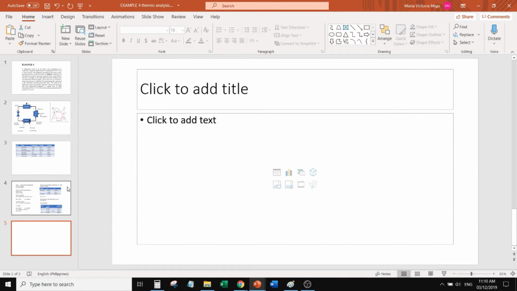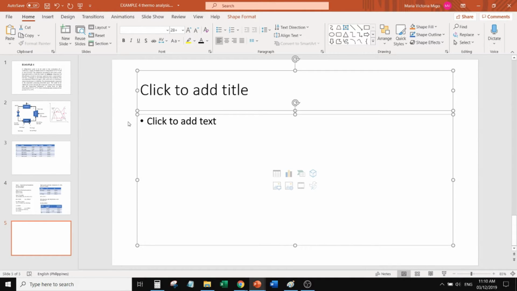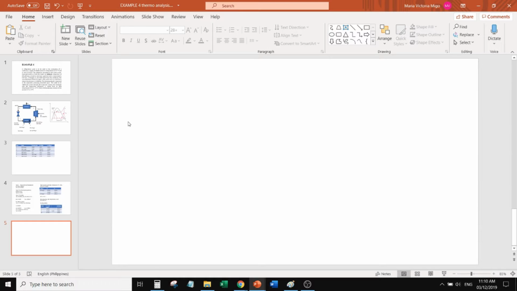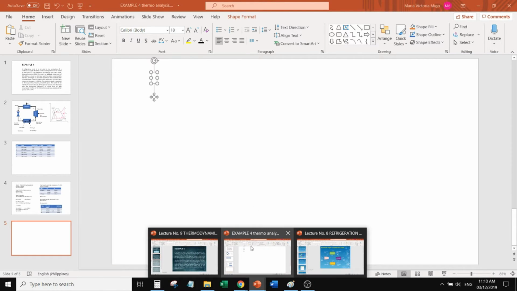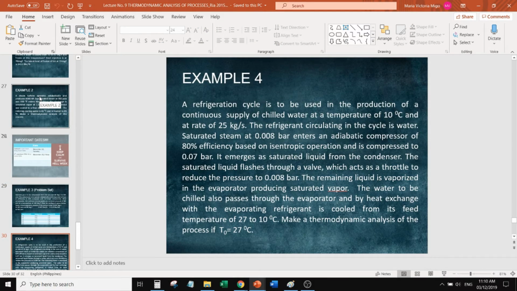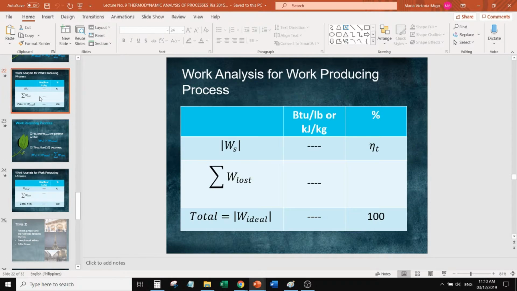So the next step is to make our thermodynamic analysis table. So let's solve for work ideal. But before that, for a work requiring process, our table should look like this one. Okay.